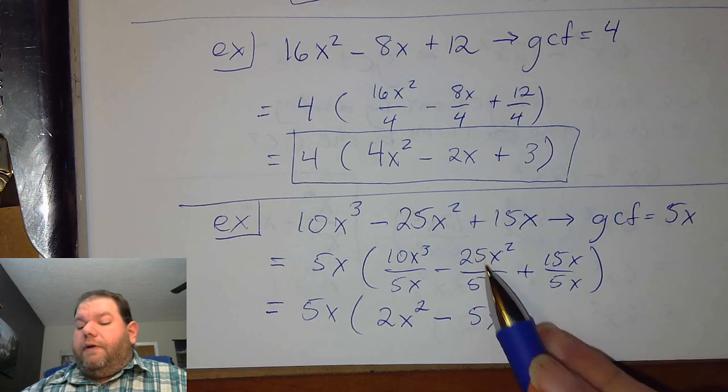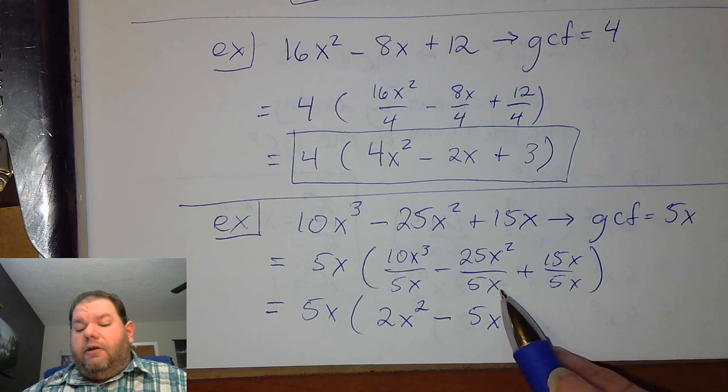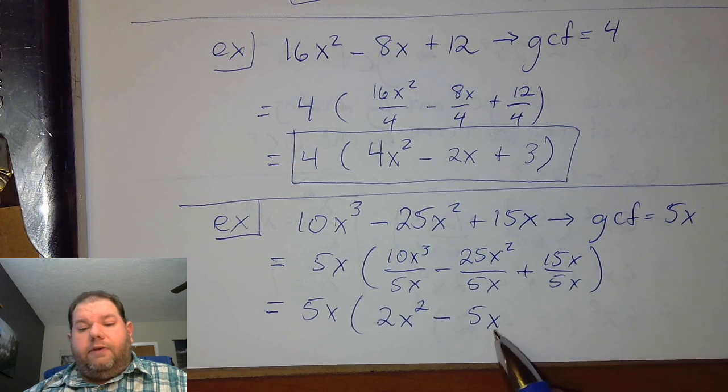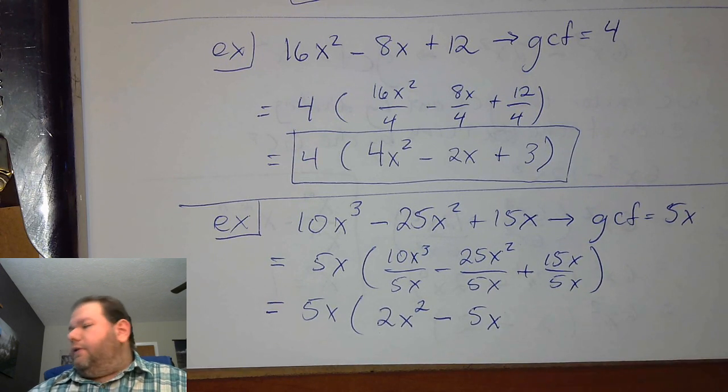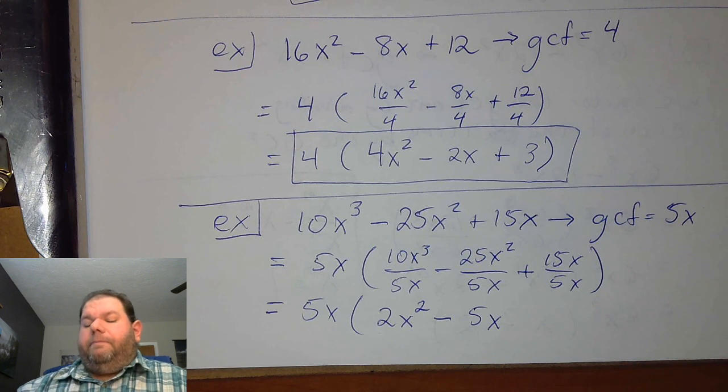So we know 25 divided by 5 will leave us with a 5, and then x to the second over x to the first, we subtract 2 minus 1, leaves us x to the first, or plain x. Now if you wanted to make an intermediate step and write that as 5x to the 1, and then later change it to 5x, that's fine. But we know ultimately it will be 5x.